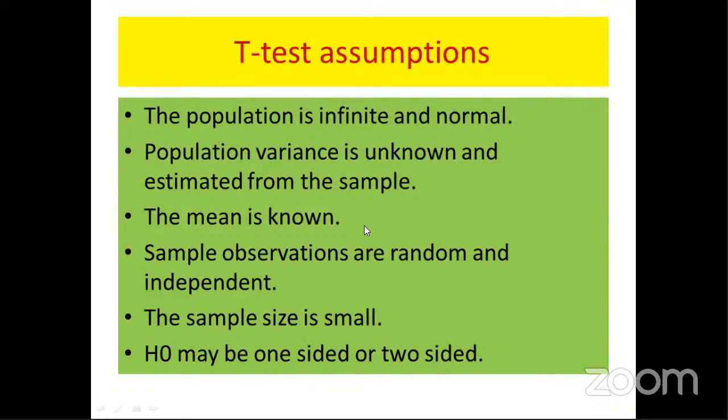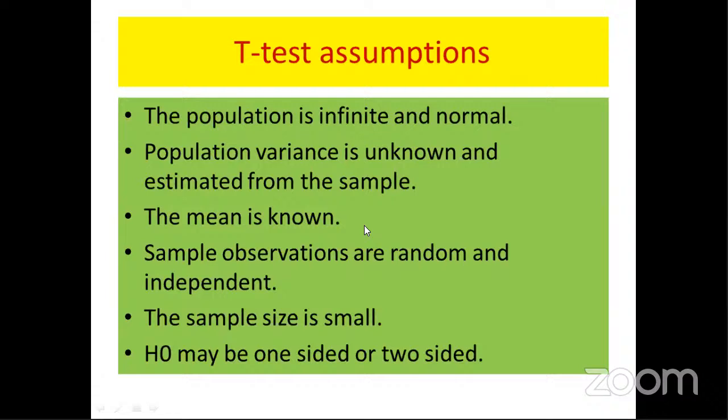So in this case, the population is infinite and it is relatively normal. When you say relatively normal, we discussed the test of normality, the Gaussian curve. I know that you are very familiar sa characteristics ng normal curves. So what are the different characteristics of a normal curve? The population should be infinite and it should be normal.